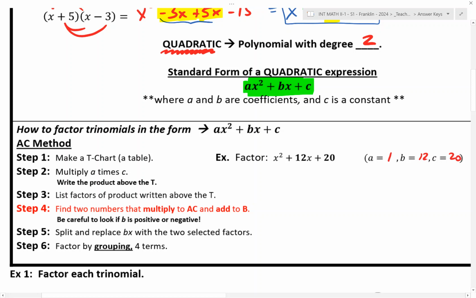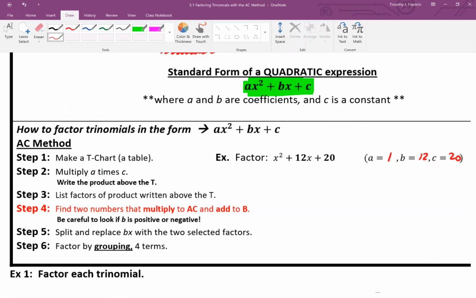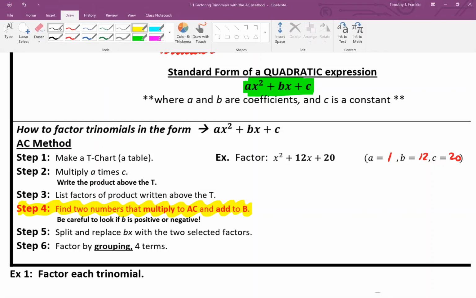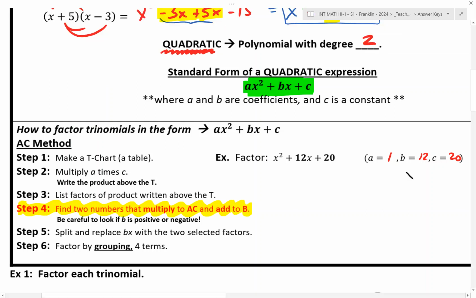What we want to do is try to find a pair of numbers that multiply to AC and add to B. I've got that in red here. That's what we're looking for. The way I usually organize this is I make a little T-chart like this.